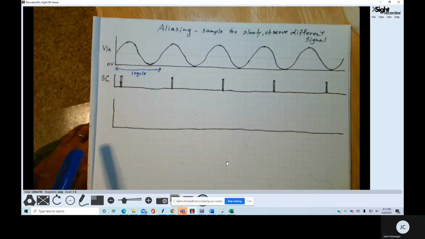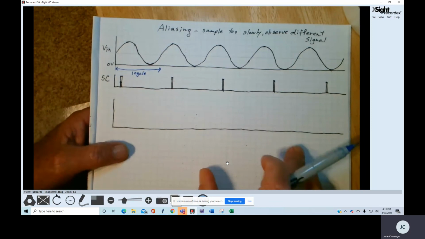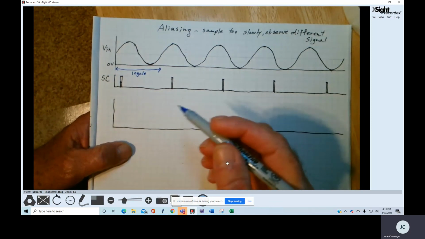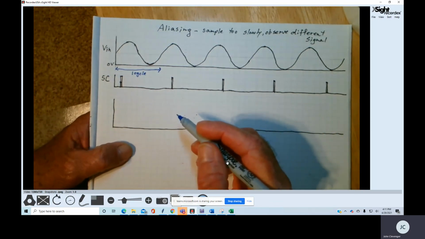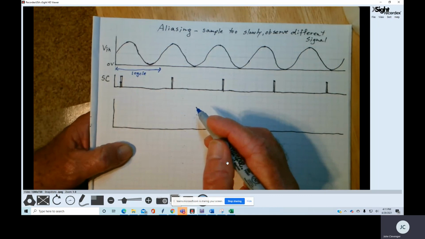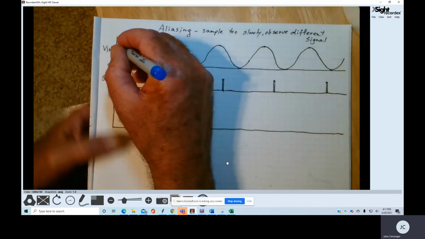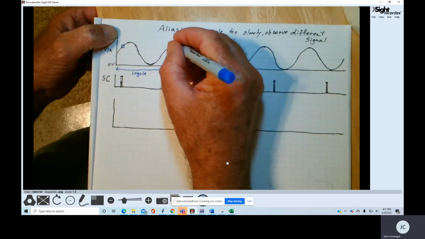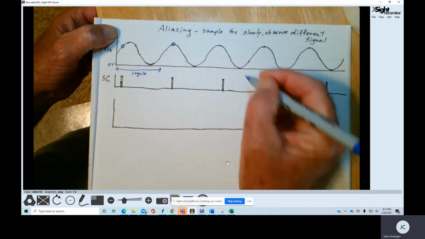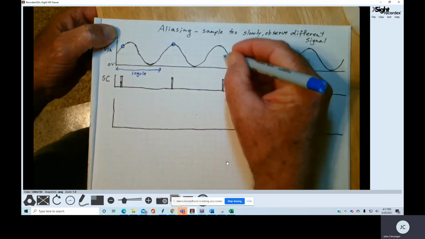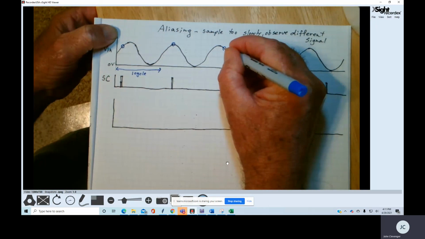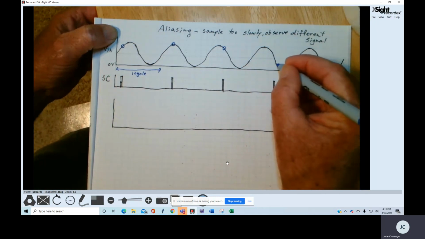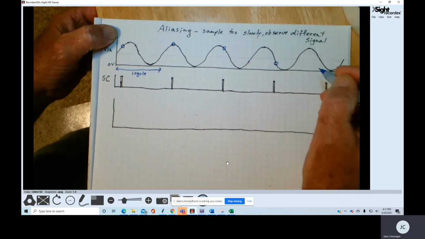And again, to meet the Nyquist criteria, I would have to sample this signal twice through one cycle. So what's going to happen, again, is the analog to digital converter will look at VIN and convert that analog voltage to a digital value right here, and right here, and right about here, and right about here, and then right about here.